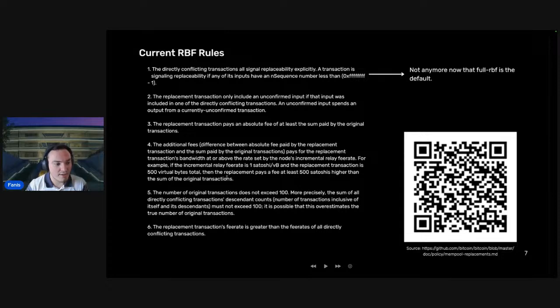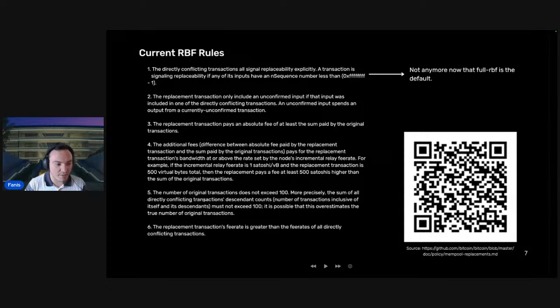And this way, having to also pay for your own bandwidth, it makes it fall in line with what we are currently expecting when you set your own node policy and you say that your relay fee rate is 1 Satoshi per vbyte. It means that basically you are ready to relay any transaction as long as it pays this fee rate. And so it's logical to have this expectation for the replacement transaction as well.